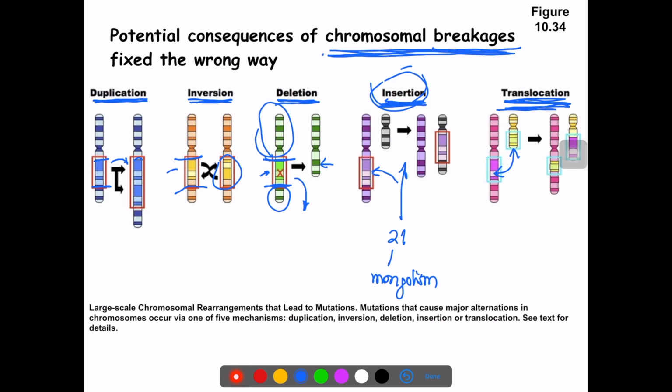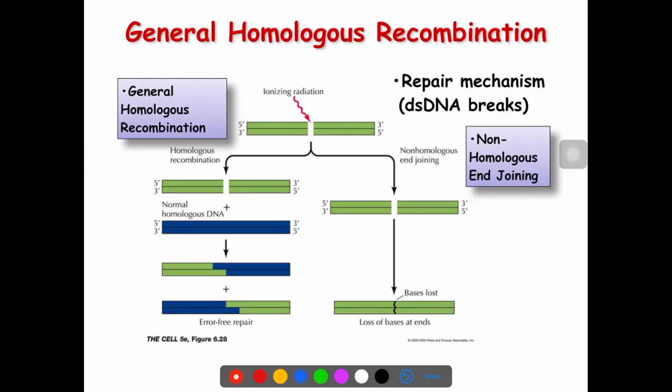Whenever you have a break in both strands of the DNA, therefore breaking your chromosome altogether, that kind of damage can lead to the most damaging type of effects in your genome. All right, moving on.